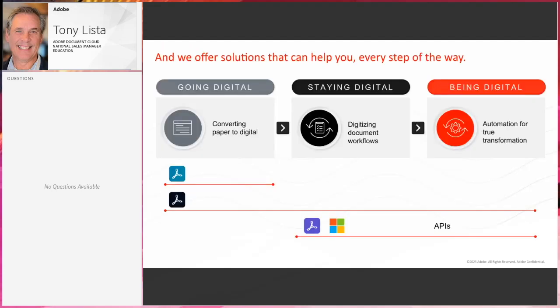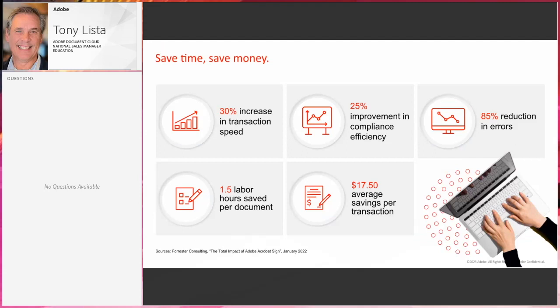Some other numbers that might be compelling to you. Again, this is through Forrester Consulting. This is across all industries, not necessarily just education, but one of the areas where our clients consider how automating and digitizing their workflow using Acrobat can improve things. Think about these ROI estimates.